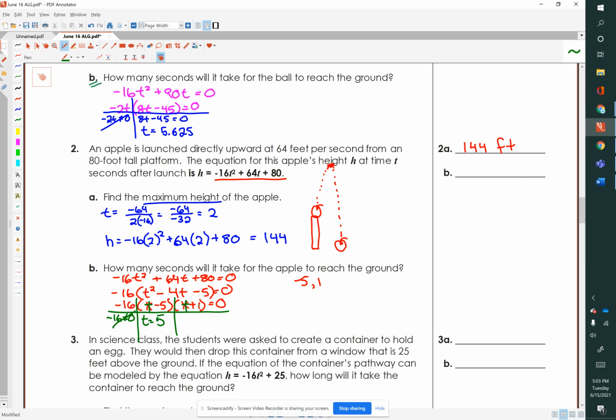And if t plus 1 equals 0, t equals negative 1. So that's a throwaway answer. That answer is not going to help us. So we've got t equals 5. So that's how long it's going to take, 5 seconds, for this apple to go from here down to the ground. 5 seconds.